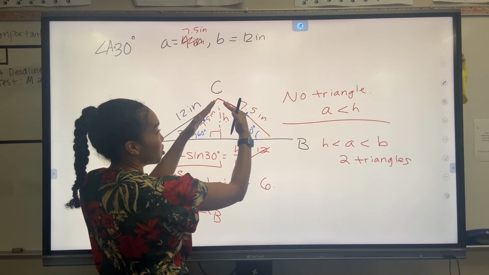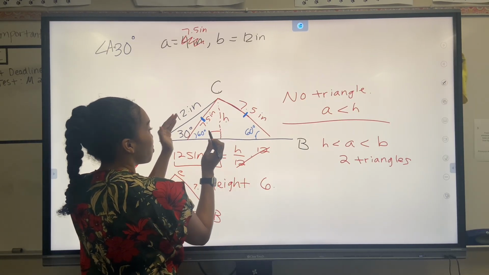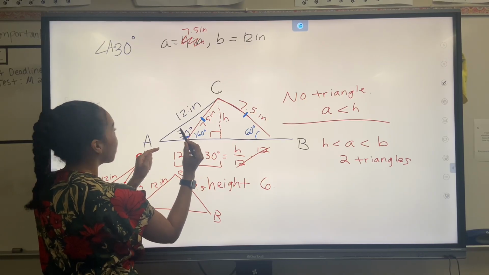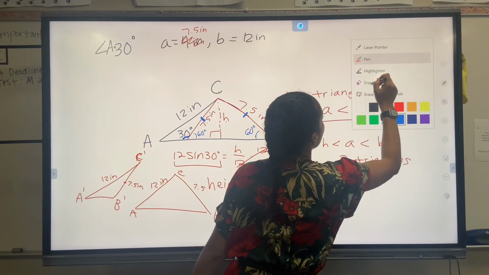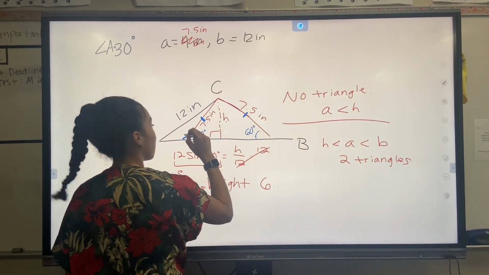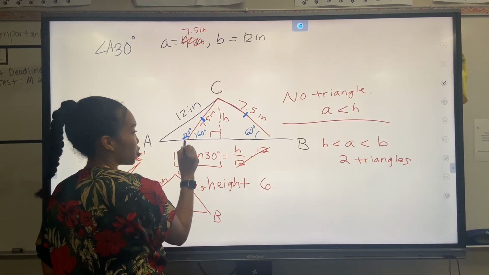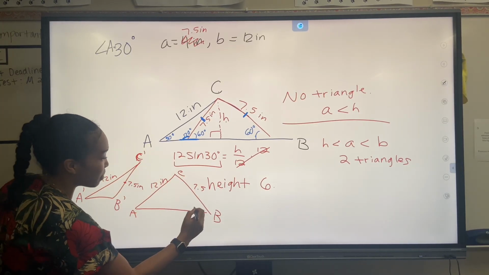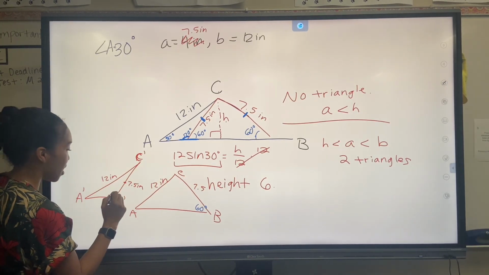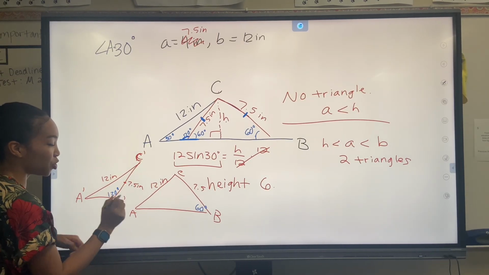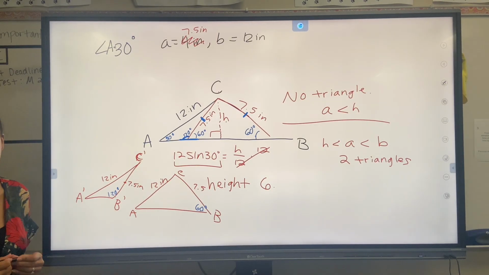So since this is 60 degrees, I know that this inside angle in here is 120 degrees, because on straight lines you have to add to 180. So this is 60 degrees and this is 120 degrees. These two, the two different angle B's, have to add to 180.